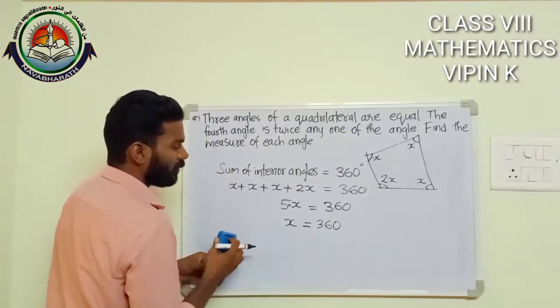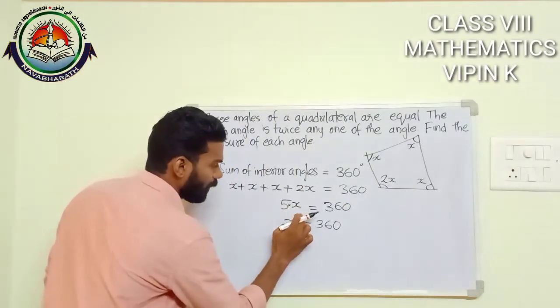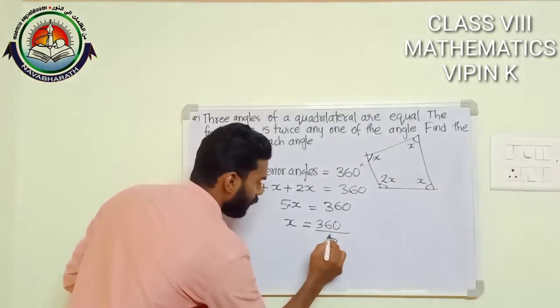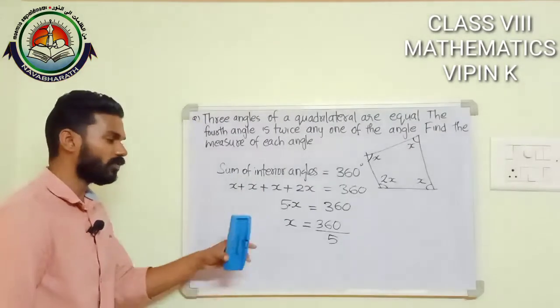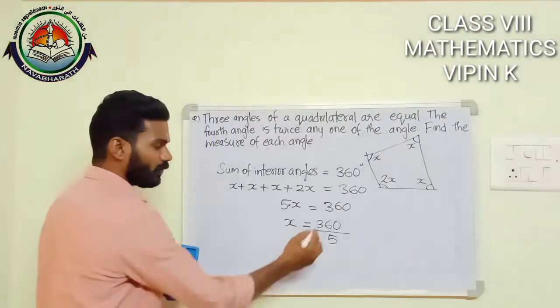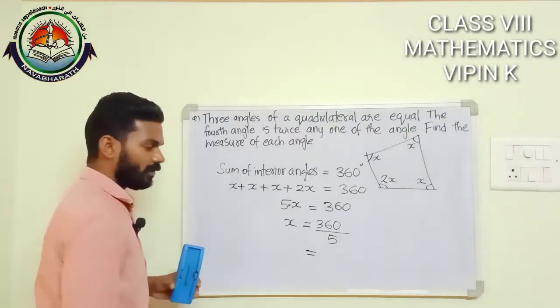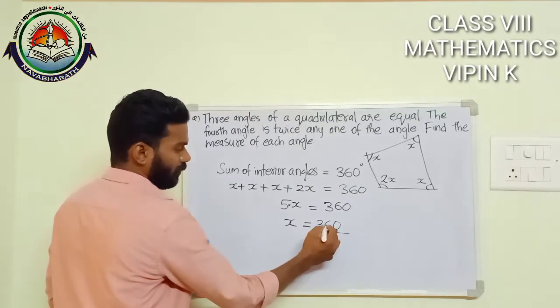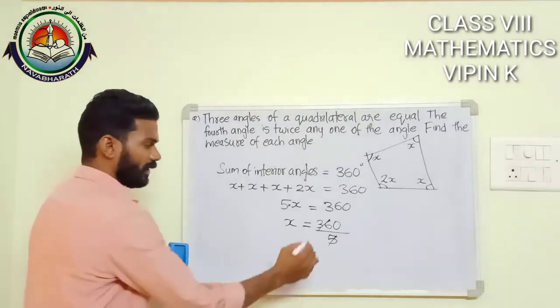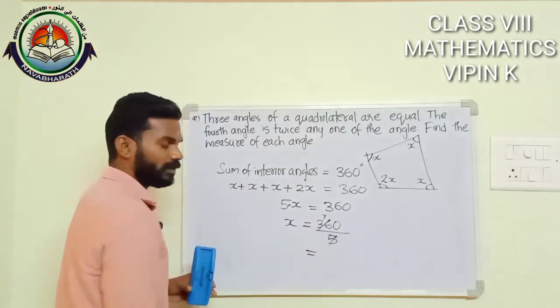X is equal to 360 by 5. This 5 carries to the right hand side as by 5. This would be the value of x. How do you get the value of x? You can divide it. 5 on 36. How many times? 7 times. 35.